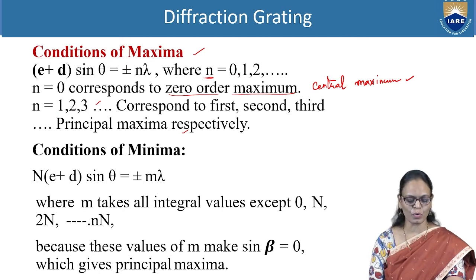So n equal to 1, you get (e plus d) sin theta equal to lambda, or 2 lambda, 3 lambda, and so on. For all these values, you get the maxima.